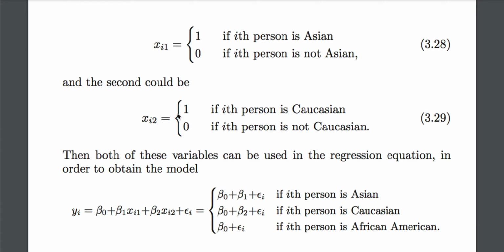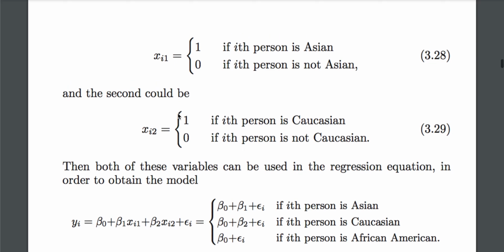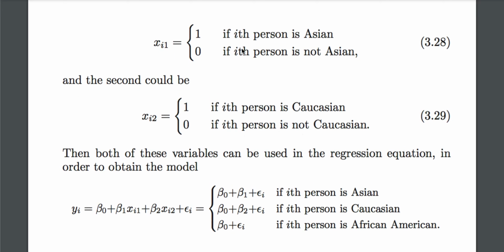And if we have 3 categories, then for each category we have a binary variable. So we have 3 categories, 3 races: Asian, Caucasian, and African. Predictor 1 is 1 if race is Asian, 0 otherwise.